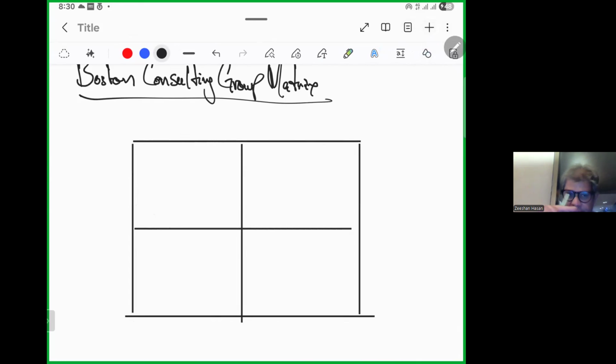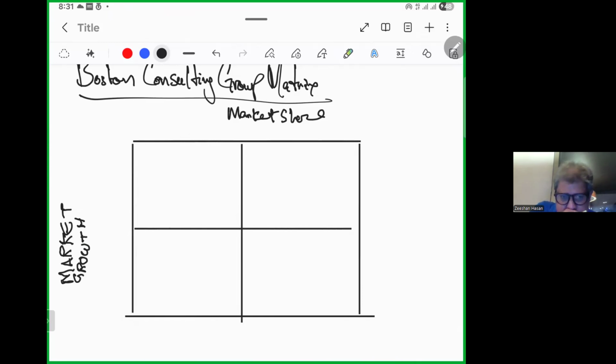Two by two quadrants are here. One axis is market share, the other is market growth. For market share, high and low, and for market growth, high and low, right?